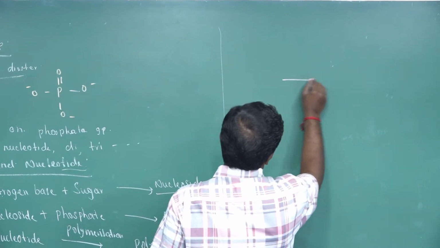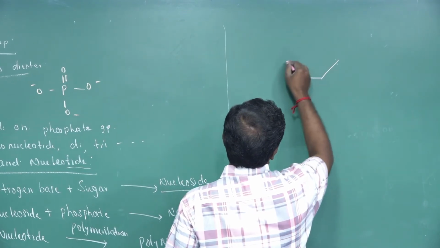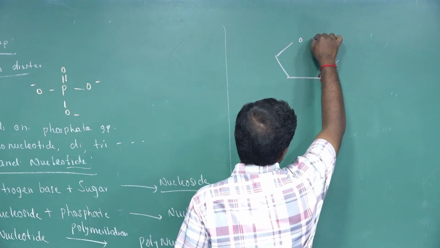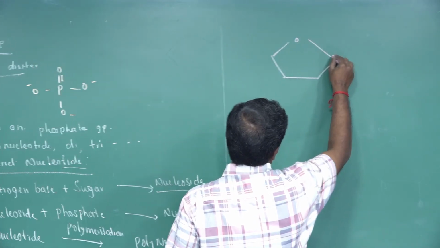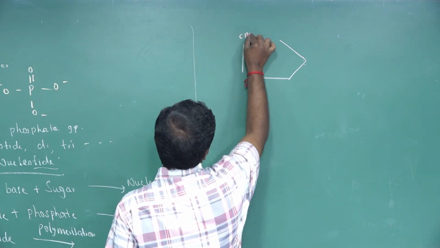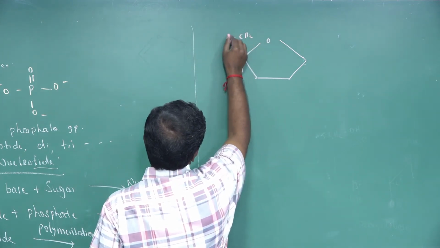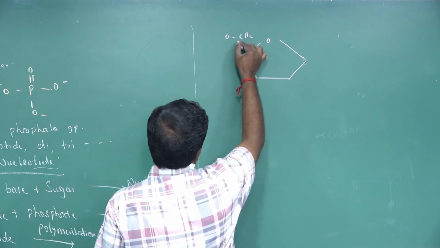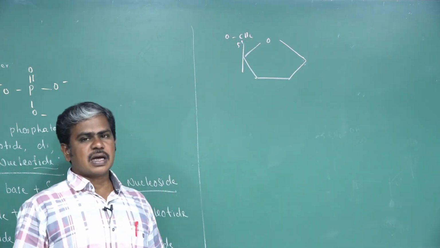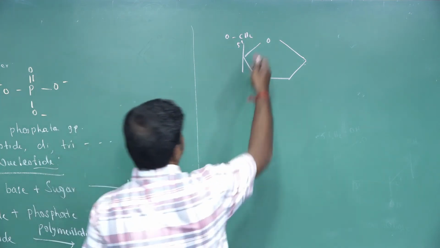We take the pentose sugar here, which contains CH2 and O. The phosphate group is attached at the 5' position of the pentose sugar.